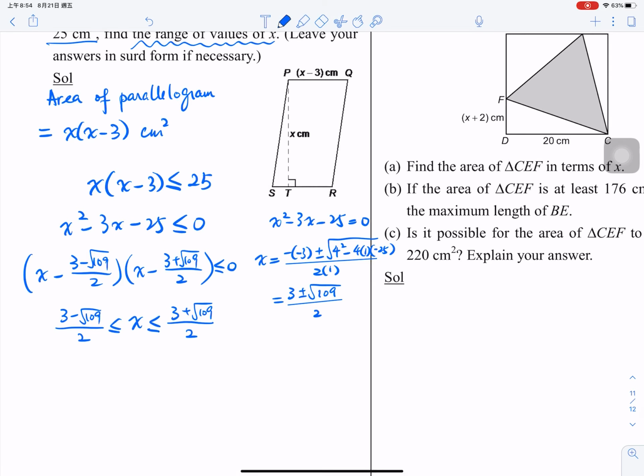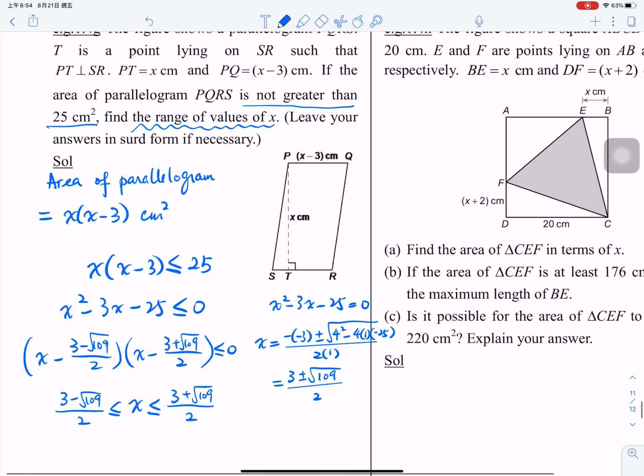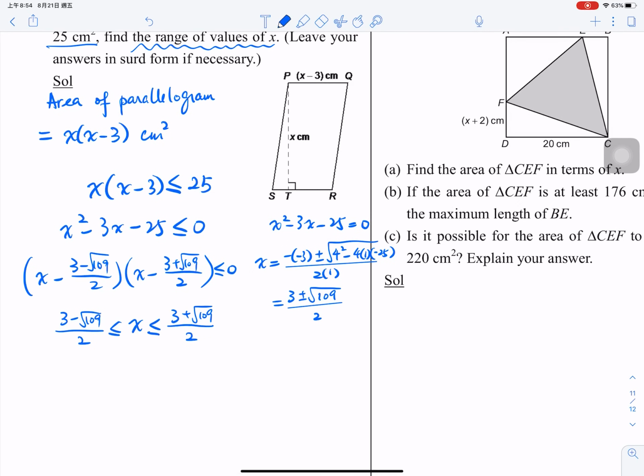Any more? Yeah, you need to think, is it the solution? Someone can think it is correct. And you need to think the length must be greater than 0.